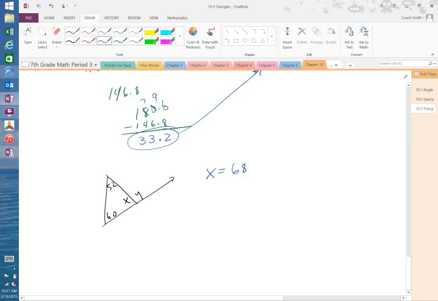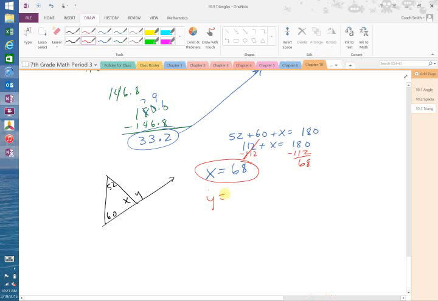The reason X is 68, so you take 52 plus 60 plus X, it has to equal 180. 52 plus 60 is 112, plus X equals 180. Subtract 112 from both sides, cancels on the left, giving me 68.